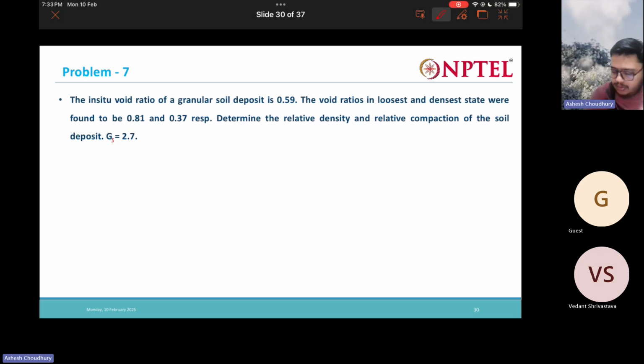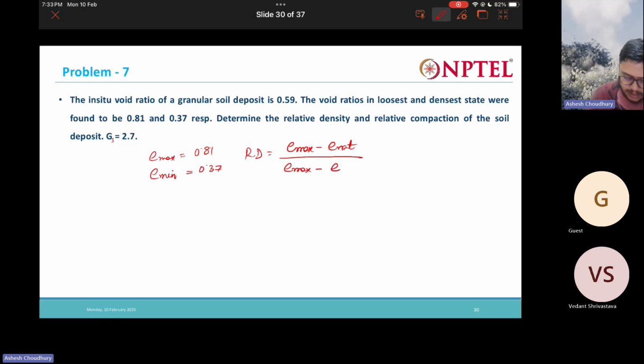Calculate the relative density. So the void ratio in the loosest and the densest state are given. Loosest state means the e max is given as 0.81 and the e min, the void ratio in the densest state, is 0.37. So you can calculate the relative density, right? The relative density is what? e max minus e natural by e max minus e min.